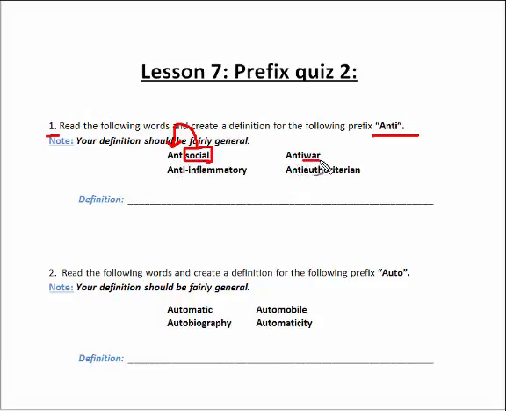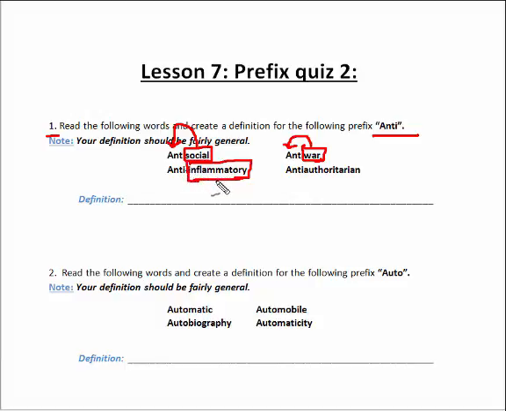War, we all know what that is. Fighting. Anti-war means we want to do the opposite. We don't want to fight. Anti, once again, is going to flip the direction. We look over here. Anti-inflammatory. If you look at the root word, inflammatory or inflame means hot, like a flame.